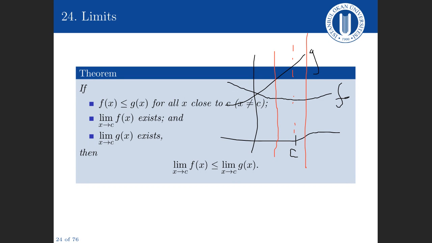Then we can say that the limit as x tends to c of f must be less than or equal to the limit as x tends to c of g. And like with the sandwich theorem, we're only interested in if the inequality is true close to c. Over on the left, we don't care what happens. Over on the right, we don't care what happens. We only care what happens close to c.